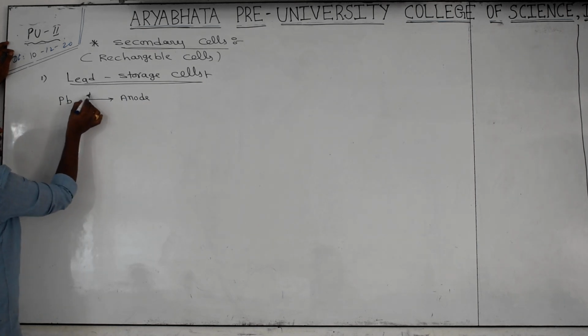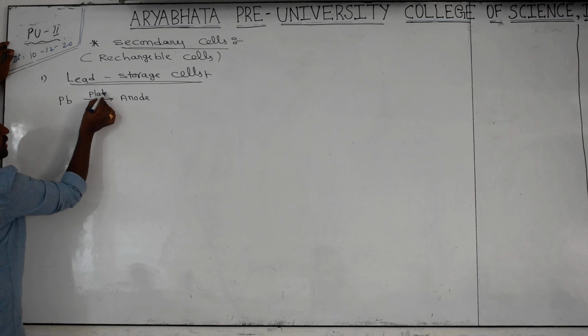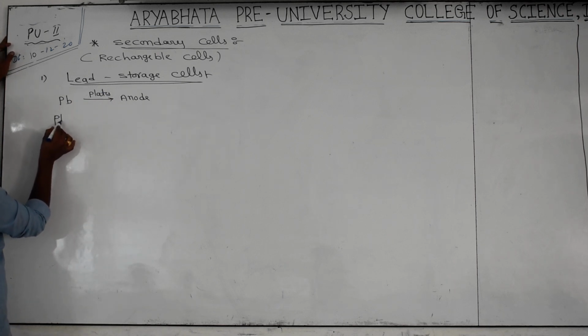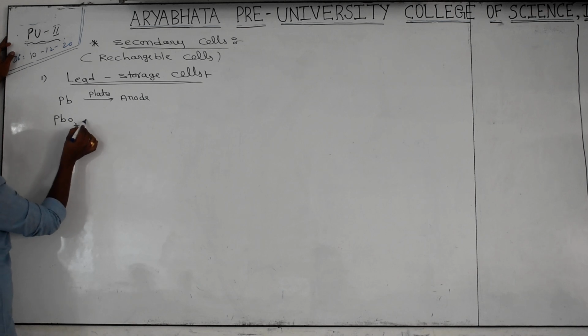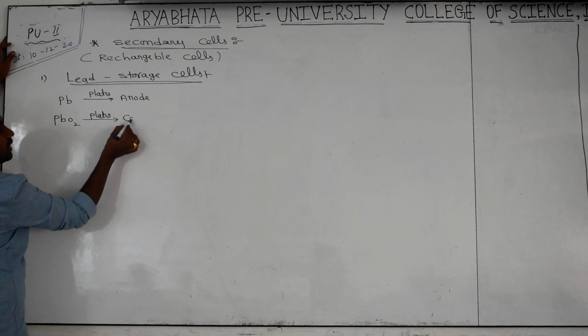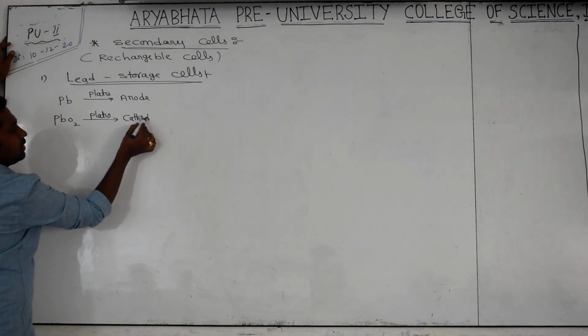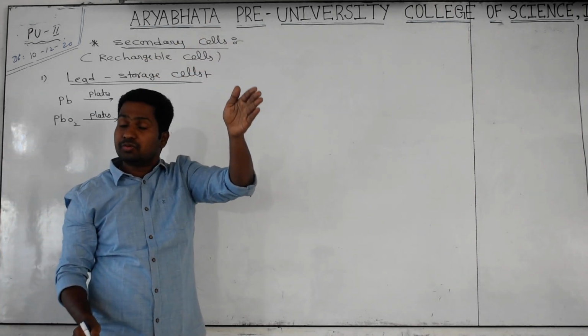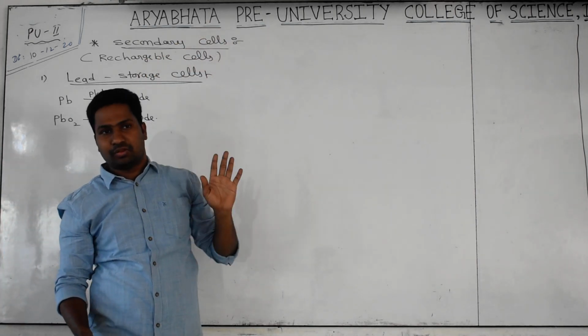Indirectly, we are taking lead plates as the anode. With the same lead, but its oxide we are taking. Lead oxide plates are acting as the cathode. We have to take purely lead plates as the anode plates, and lead oxide plates as the cathode.